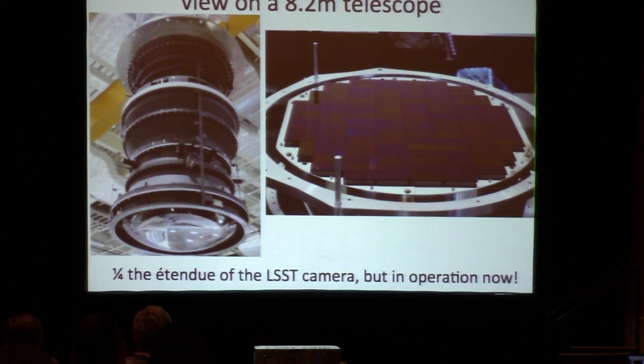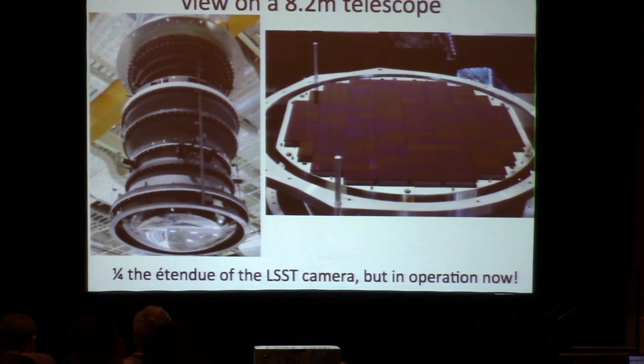There are several lenses in here, and the light ultimately falls on a focal plane array of 112 CCDs, 104 of which are being used for science. The whole camera has about a quarter of the étendue of the LSST camera, but it's actually operational now.